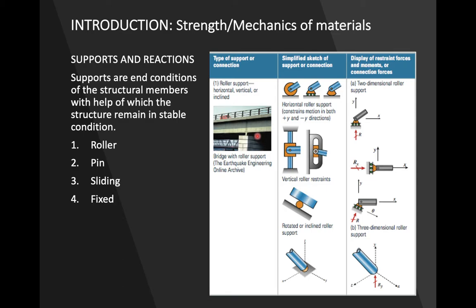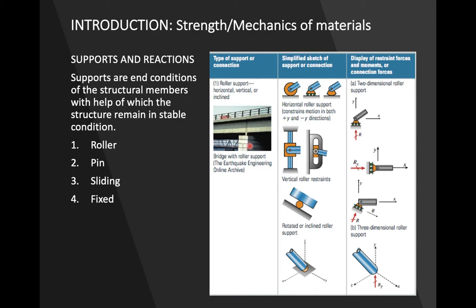When a vehicle moves over the bridge, it vibrates, and we do not want those vibrations to transfer into the piers. What will happen if those vibrations get transferred into the pier? It will cause cracking and eventually failure of the pier. That's why we provide bearings in bridges.